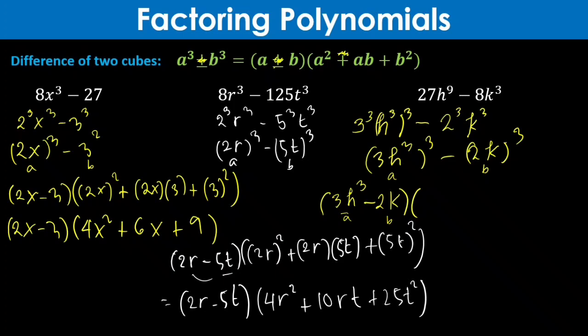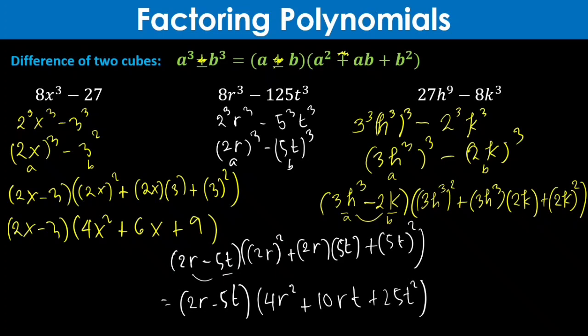The square of our a is 3h cubed squared. Since it's minus in the original, it's plus for the formula here. And then the product of the two, we have 3h cubed times 2k, then the square of our b, plus 2k squared.